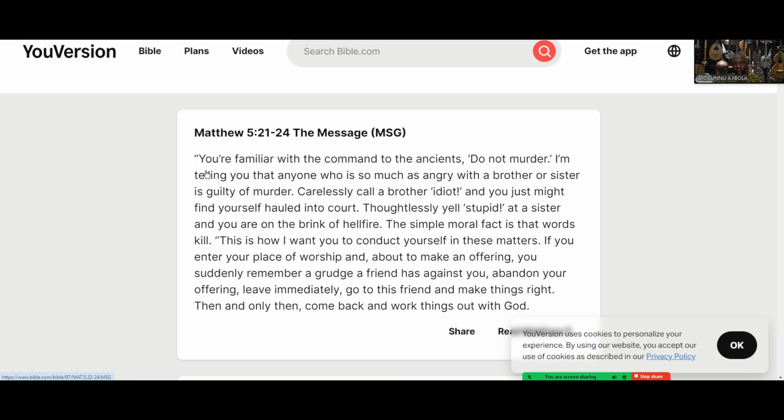Okay, Sarah, read this passage for me. You are familiar with the command to the ancients: Do not murder. I'm telling you that anyone who is so much as angry with a brother or sister is guilty of murder.